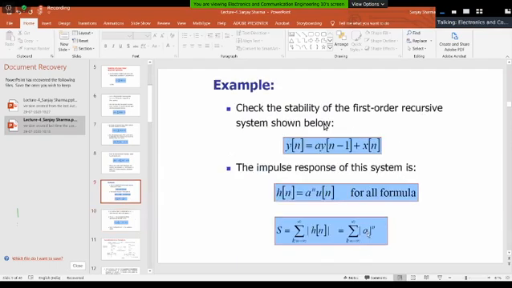If you put the value of h[n] here, it will be the sum of modulus of a to the power k, where k goes from minus infinity to infinity. You can even replace this with k from 0 to infinity, because u[n] exists only for values of n of 0 or more.